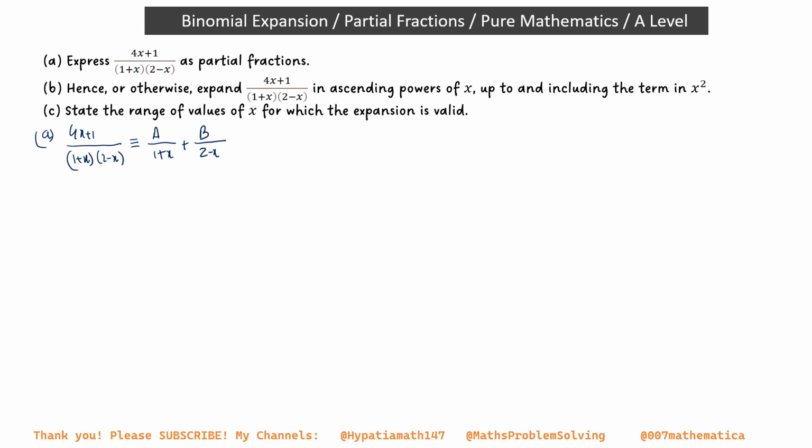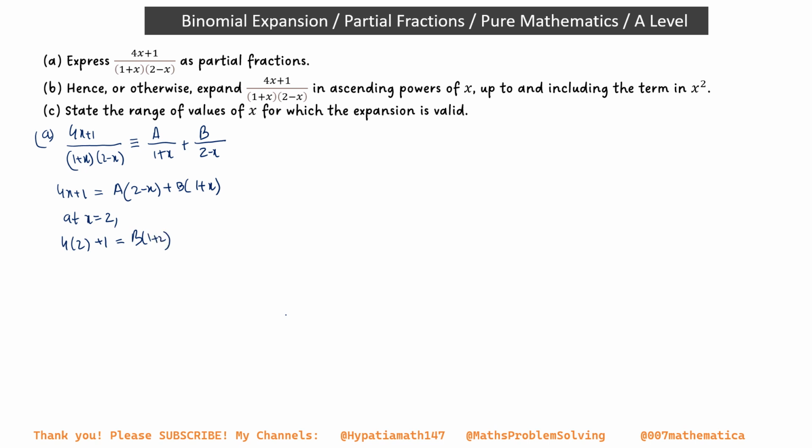So I can write 4x plus 1 equals A times 2 minus x plus B times 1 plus x. So then at x equals 2, you'd have 4 times 2 plus 1 equals, the A would be 0, so B times 2 plus 1, or rather 1 plus 2.